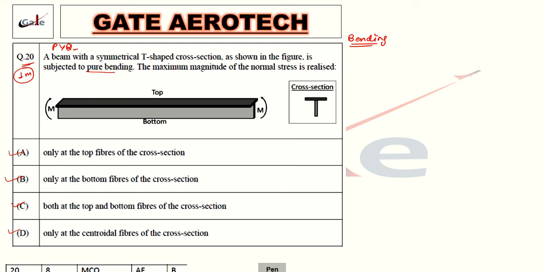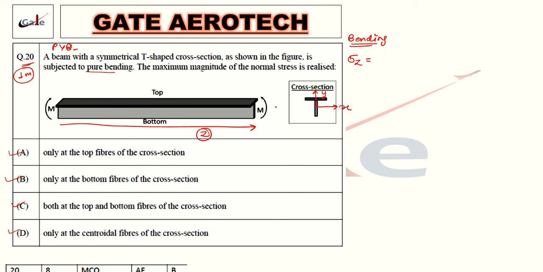If I tell you the basic equation for bending in terms of the cross section, this is the cross section. This axis is y, this axis is x, and in the longitudinal length direction we have the z axis.